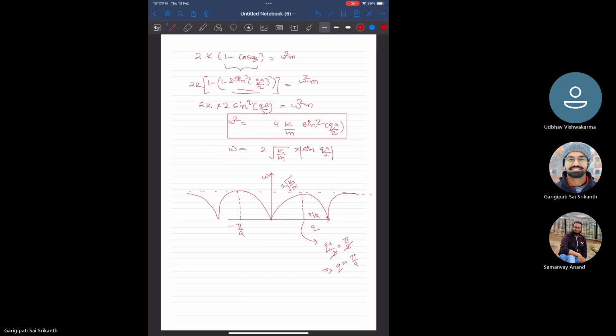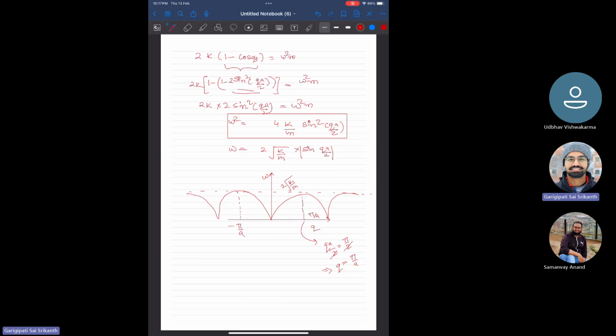Now if we want to find the value of omega from omega square, while taking the square root, typically you would say it to be plus minus omega. But omega is frequency. There is no negative frequency. There is no negative time. That implies there is no negative frequency. So we'll only consider the positive value.